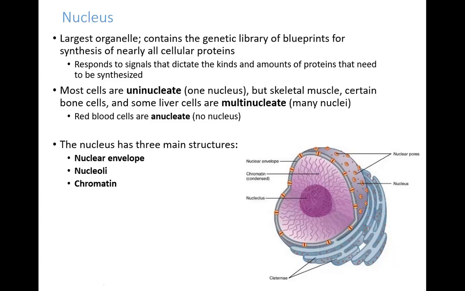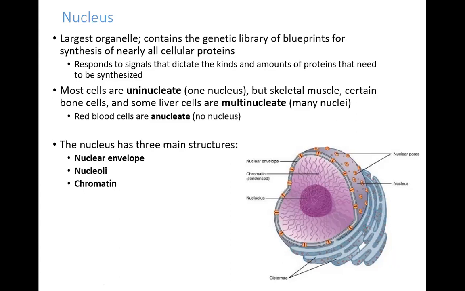So most of our cells have one nucleus. Skeletal muscle cells are multinucleate, but they don't divide, so they don't care. When we are forming our muscle cells in utero, the precursors of our skeletal muscle cells are smaller cells fused together. We keep the nucleus, but we don't divide.